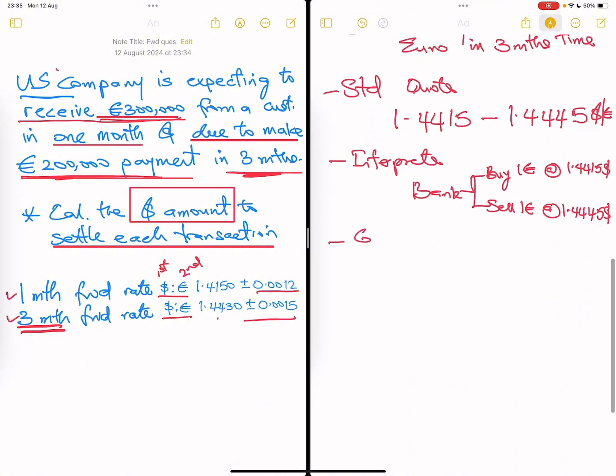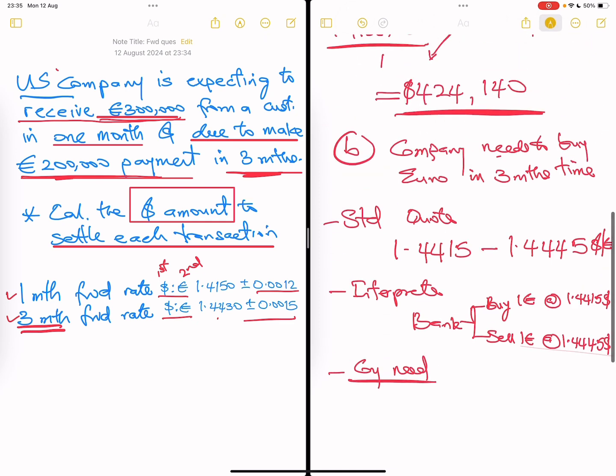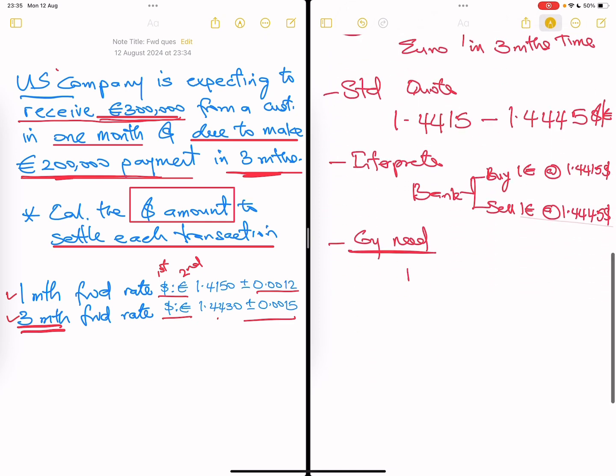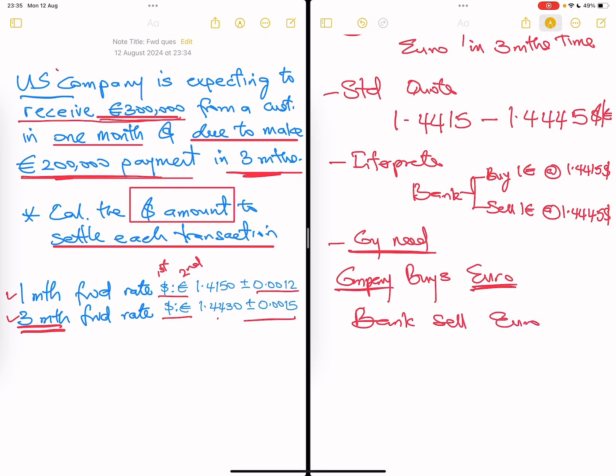Then what does the company need? Company needs to buy euro. Company wants to buy euro. So company, please don't make the mistake and say bank. It's the company that needs. Company buys euro. And company buying euro, which is our second currency, means that the bank is going to sell euro to the company.